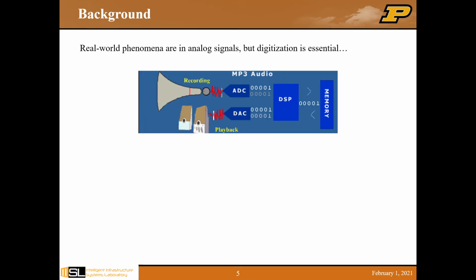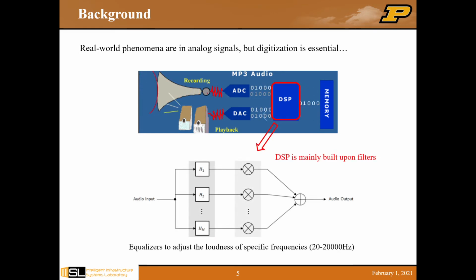Then it can either be stored in a memory block, or go back to an analog signal through a digital to analog converter, the DAC here, and then be broadcast using a loudspeaker or other devices to let other people hear it. I would like to emphasize that the center part of this process, the DSP chip, is very important and is mainly built upon a bank or series of filters.